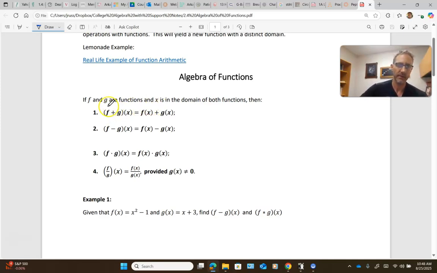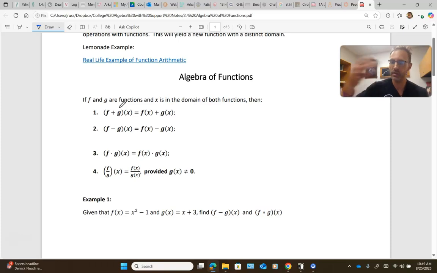So, you'll have to pay attention to this notation here on the left. On the left, when you see something like this, in parentheses, f plus g, and then out beside it, this x, this means function f plus function g added together. And the way you say this is f plus g of x.